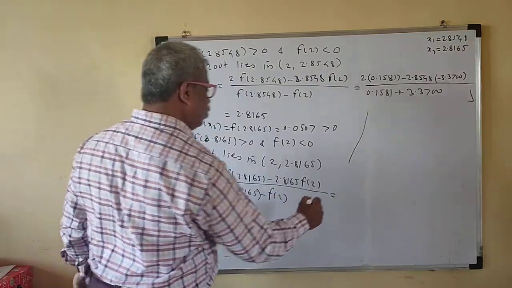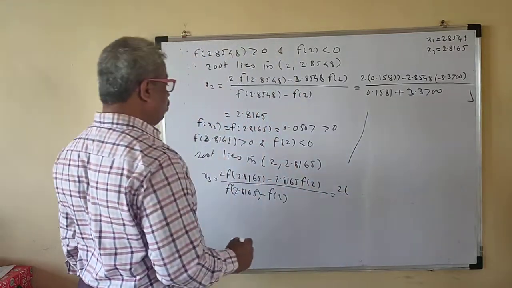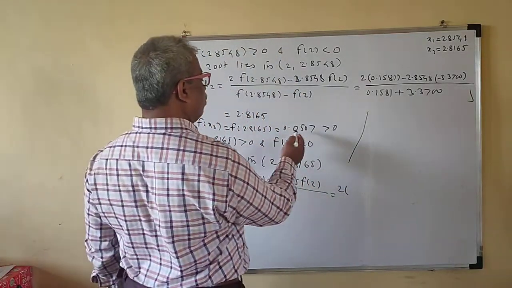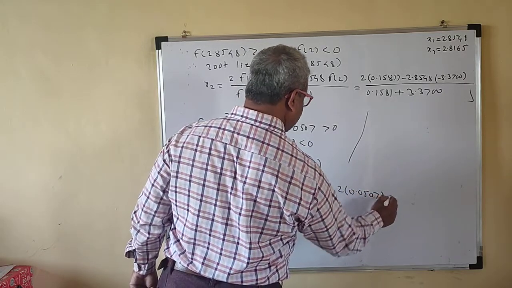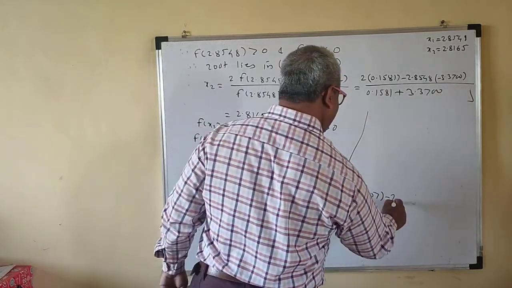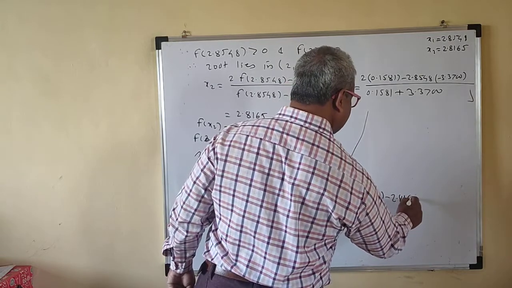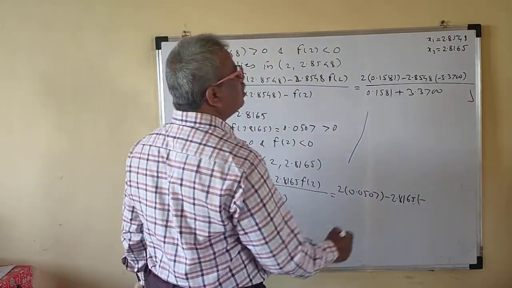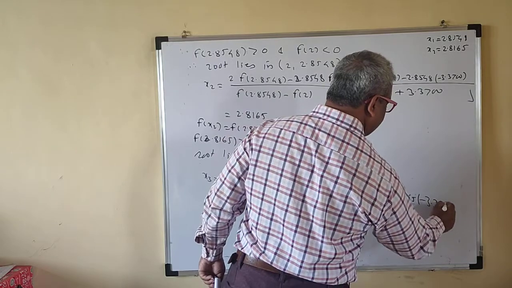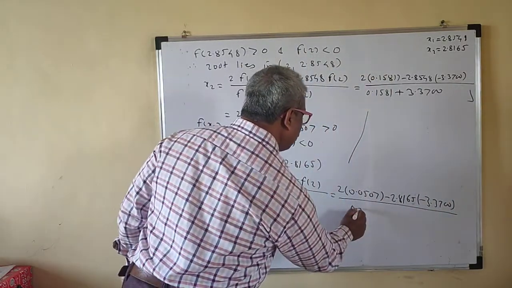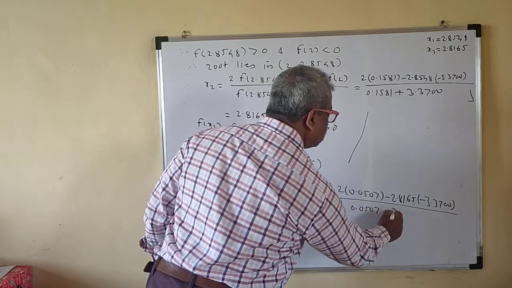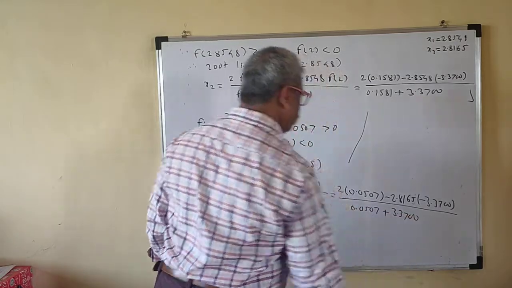So this is equal to 2 into 0.0507 minus 2.8165 into minus 3.3700, upon 0.0507 plus 3.3700.